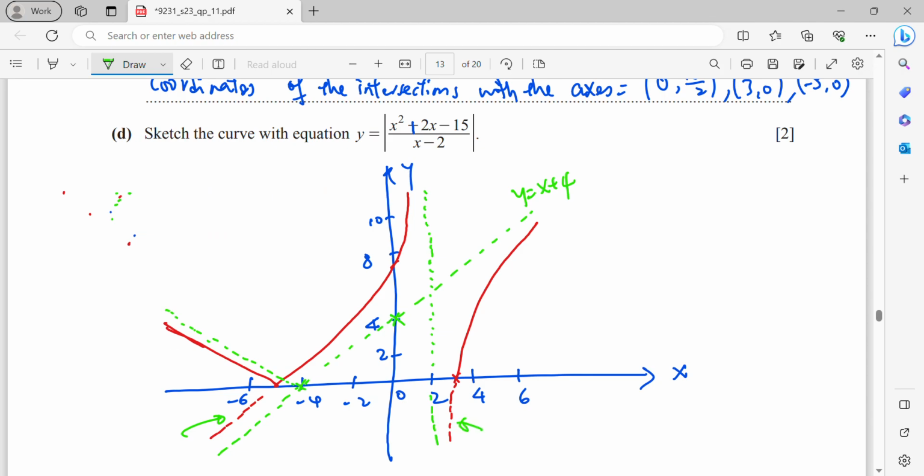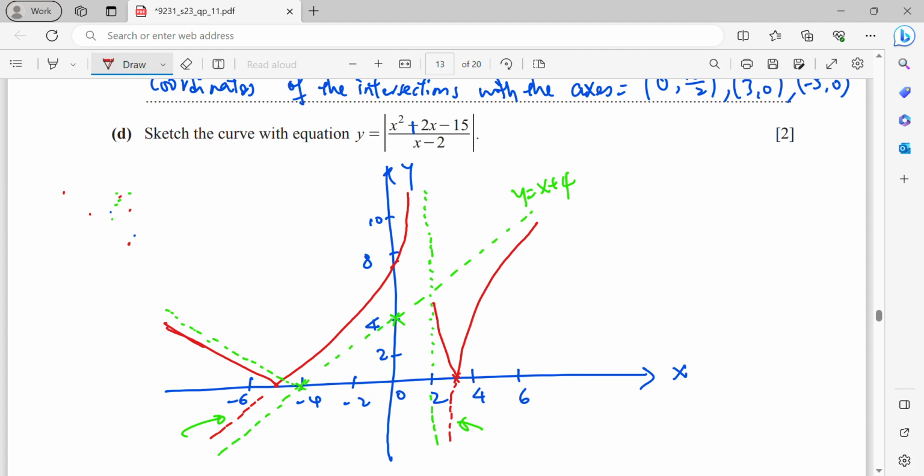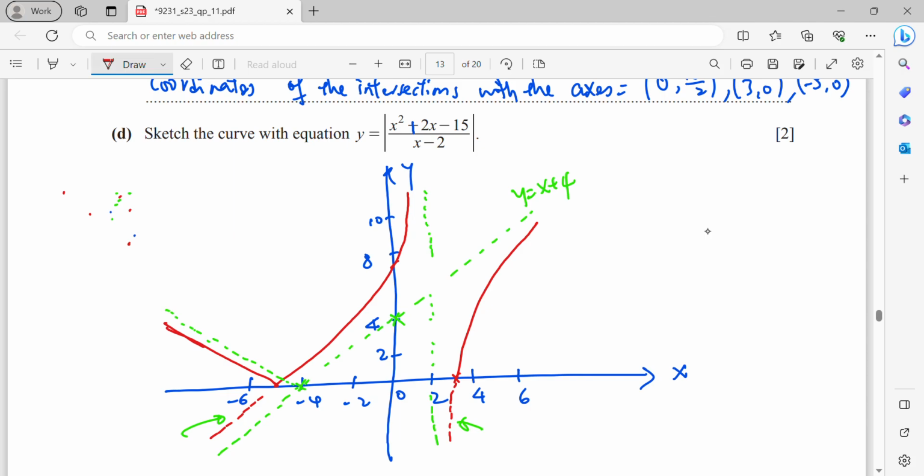Okay, so now for this graph, we also have to reflect it in the x-axis, which means it will be something like this. Alright, so this red color will be my modulus graph.